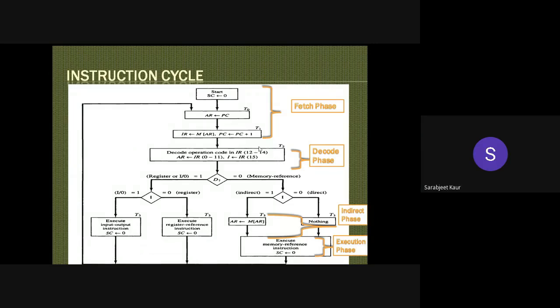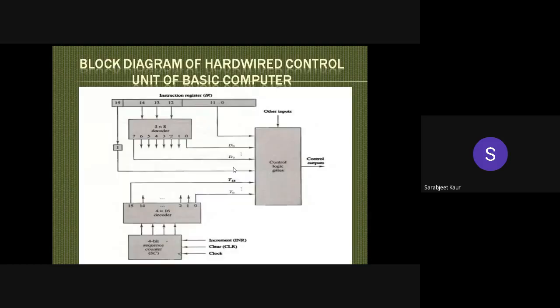So this completes the fetch phase. Next, we come to the decode phase. Now, what do we do in the decode phase? If you remember the instruction register, you can see it here. We had reserved the first 12 bits of the register for the address of the operand, the next three for the opcode, and the last one for the addressing mode.